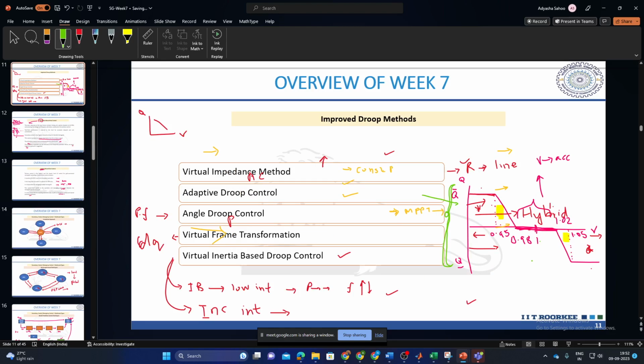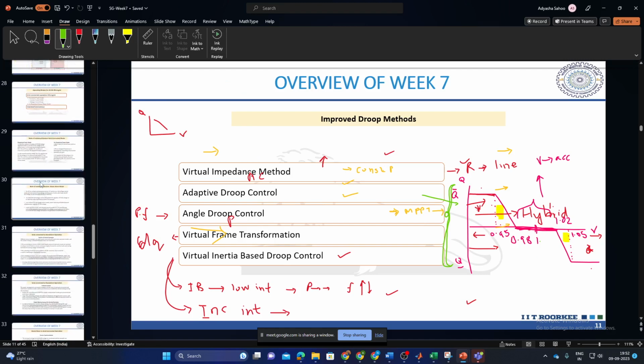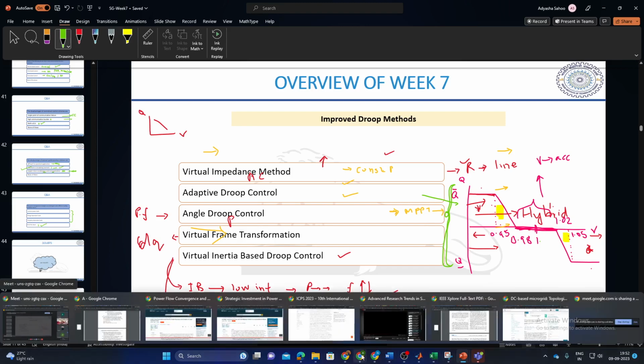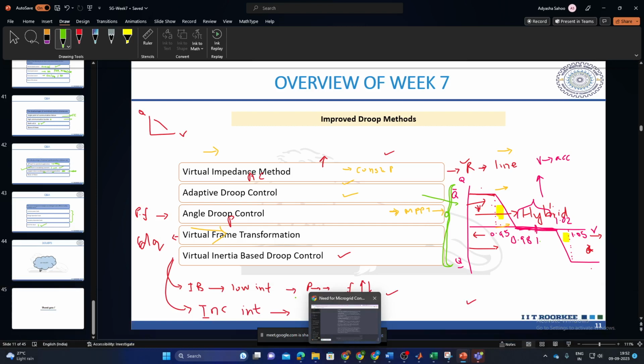Ma'am, I have not heard your question. I just wanted the feedback that in the initial slides where I was writing this way using this pointer, because I don't have a stylus basically, was it audible, readable? Yes, ma'am, it is readable, and you are explaining, so we are getting it. Okay, so I am trying to arrange for a stylus, and maybe in the next sessions we'll do it that way, so it will be better.